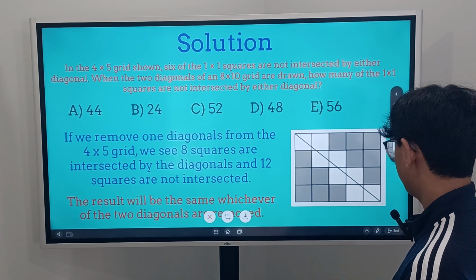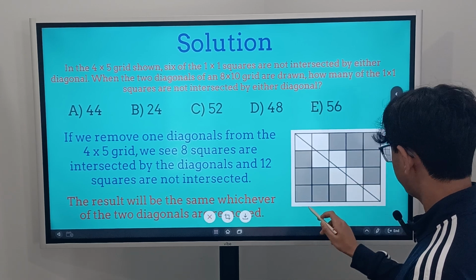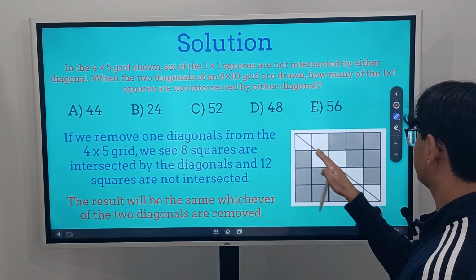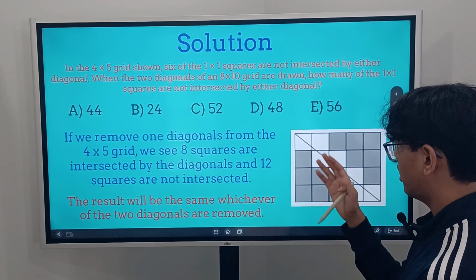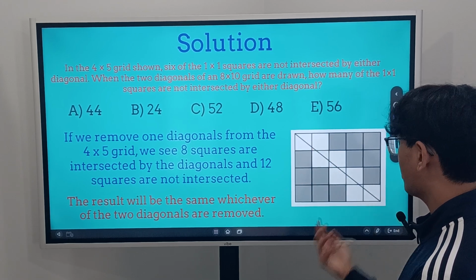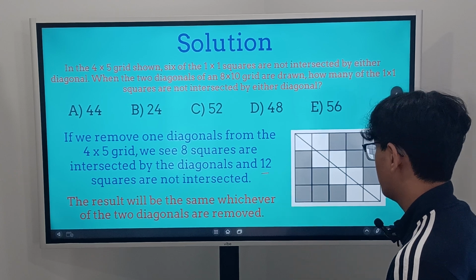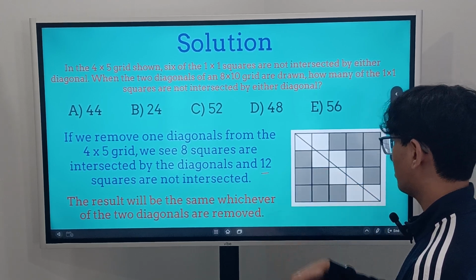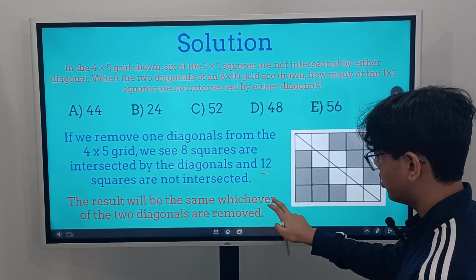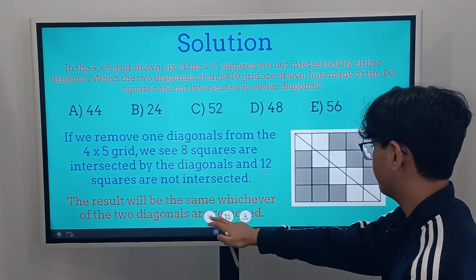So what we just did is remove the other diagonal and take it out. Now we just have one diagonal, and we can see 8 squares intersected, and the ones that are not intersected, there's 12. So we have 8 intersected and 12 not intersected, and the result will be the same for whichever of the two diagonals were to be removed.